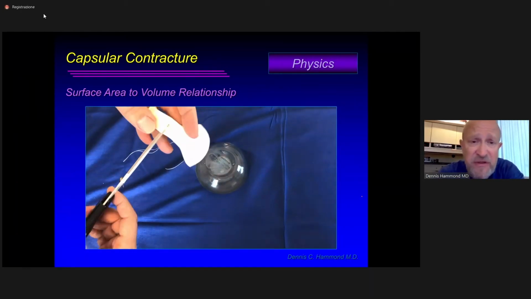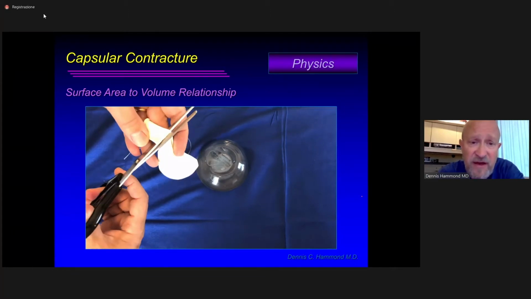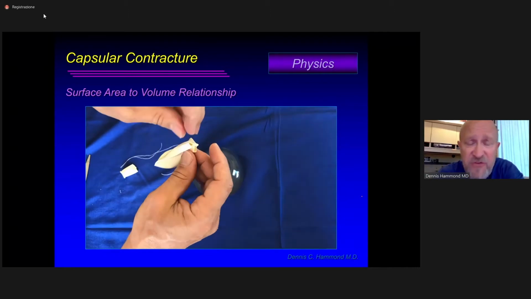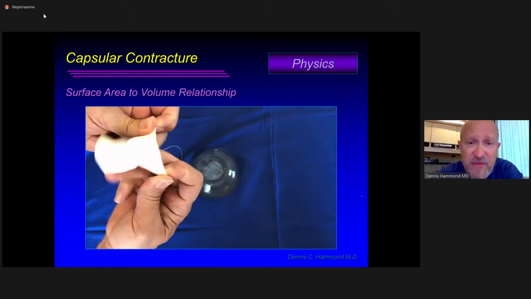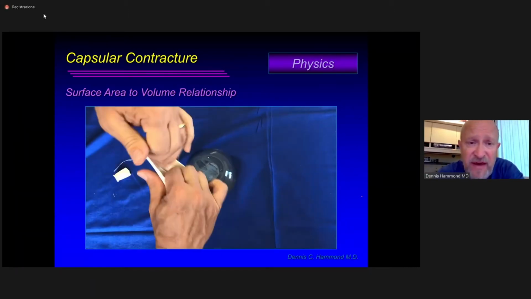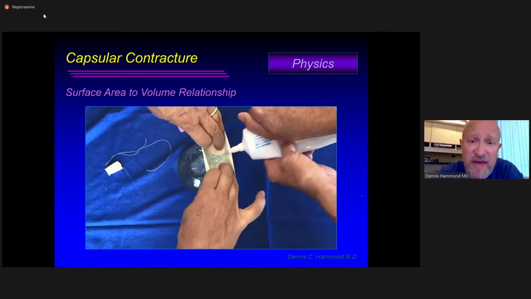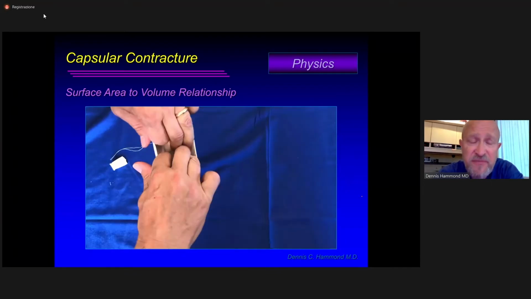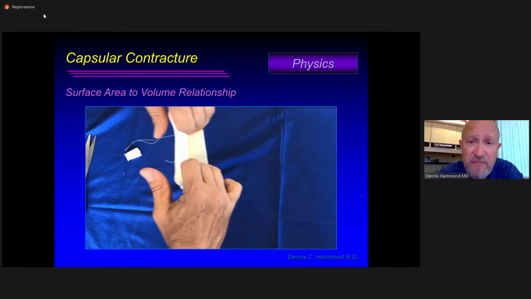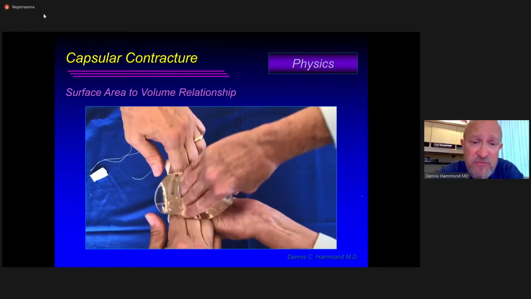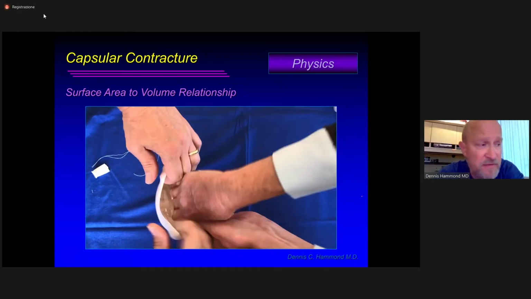Just a very simple little bench model. We cut the end of the balloon off, and you can actually spread this open. You have to try it a couple times in order to see it. But if you've got a properly chosen balloon, we put a little lubrication inside the balloon like this. And we can take the implant and stuff it inside the balloon like this.